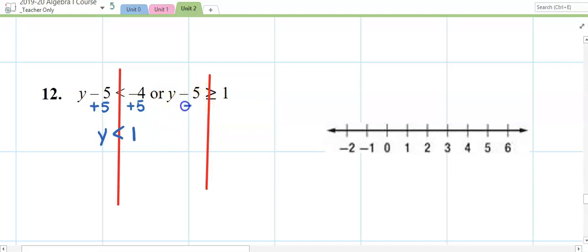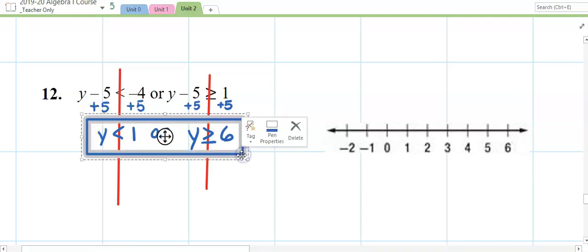On the right side, I'm going to also add 5 for this inequality. I get y is greater than or equal to 6. And I'll put the word or in between them. This is my solution.